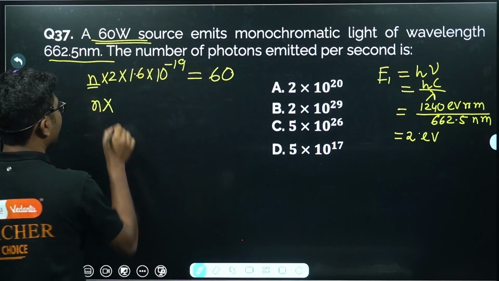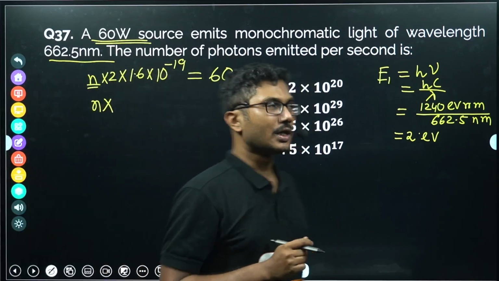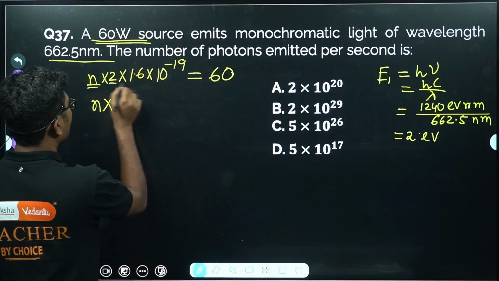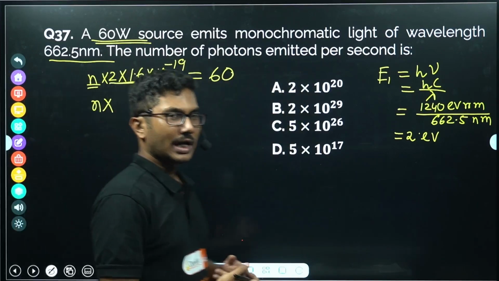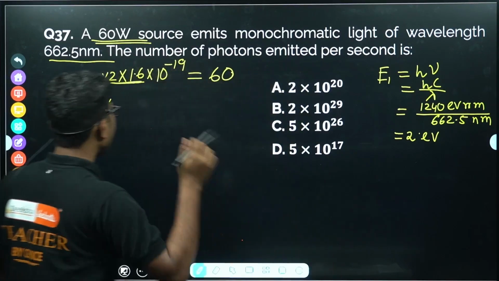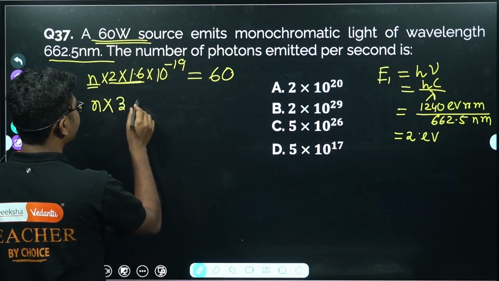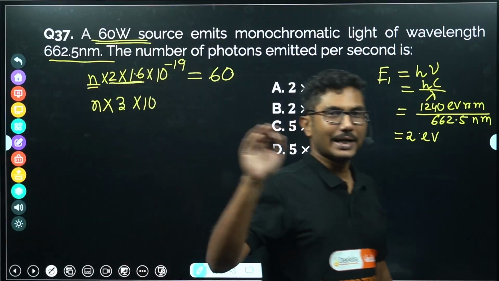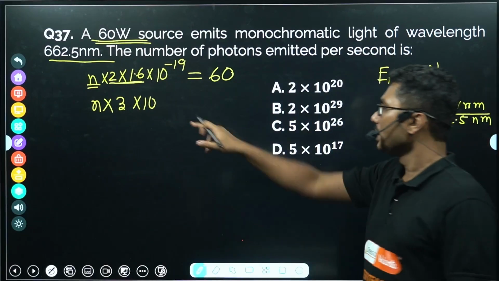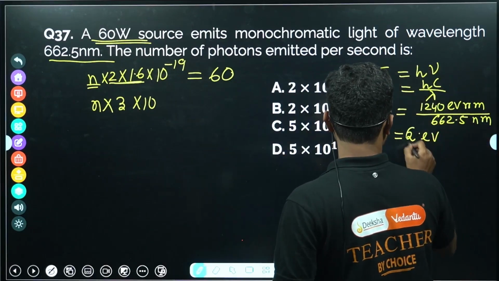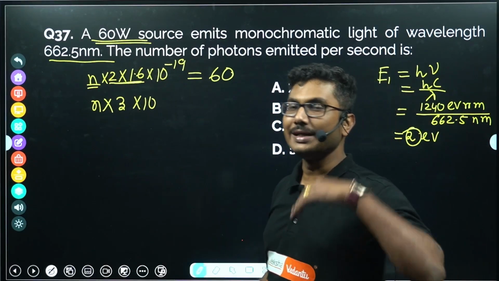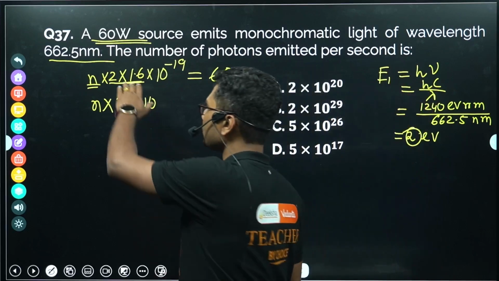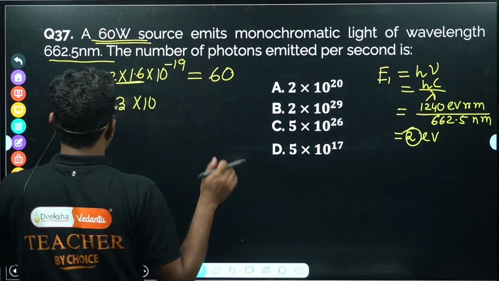Now again we are going to do one more approximation. What is that approximation? 2 times 1.6 is 3. It's not exactly 3, it's 3.2, but we are approximating it to be 3 because we also approximated earlier, where the value was lower than 2 and we increased it. In this case we are decreasing it, so that it gets balanced.